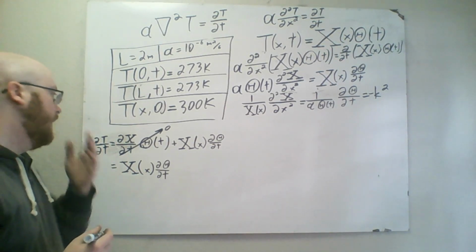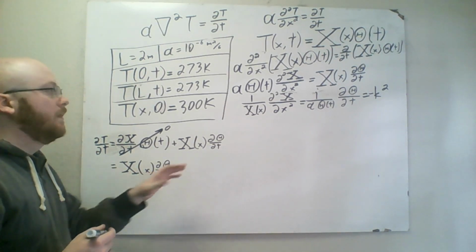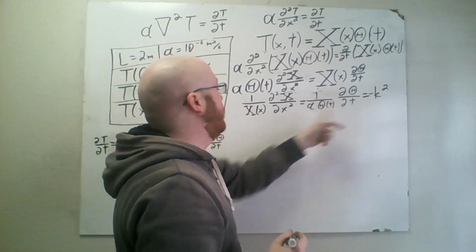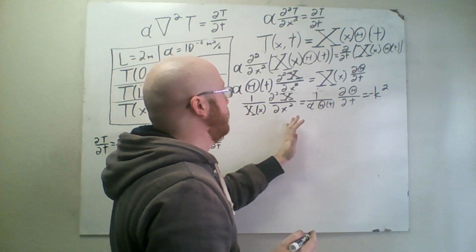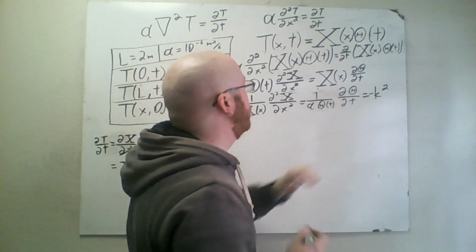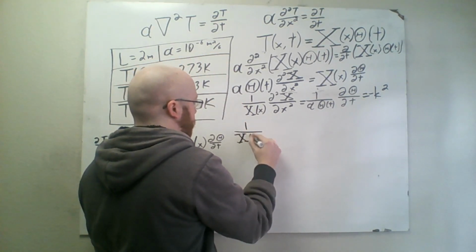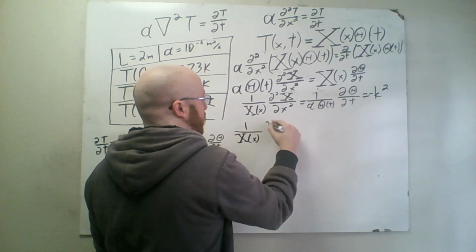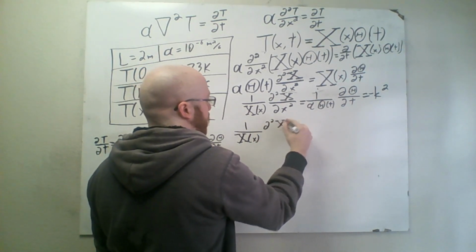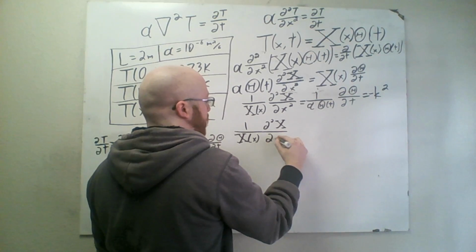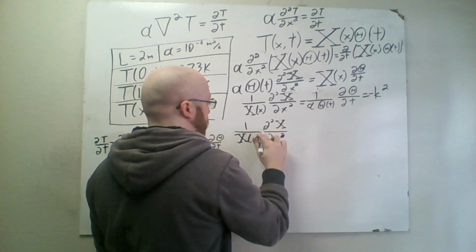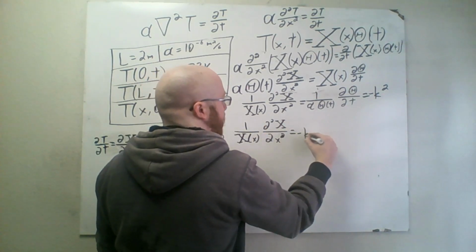So to do that, you need to pretty much plug this in. We can treat these as two separate equations. Well, it's negative k squared.